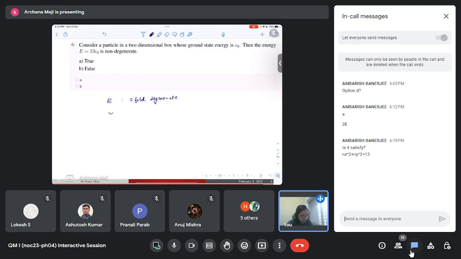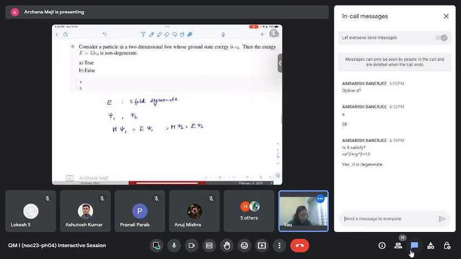We have two different wave functions, psi 1 and psi 2, both with the same energy eigenvalue E, meaning the Hamiltonian acting on psi 1 gives E psi 1, and the Hamiltonian acting on psi 2 gives E psi 2. Then we say that this energy E is twofold degenerate. There are two different wave functions which have the same energy eigenvalue.